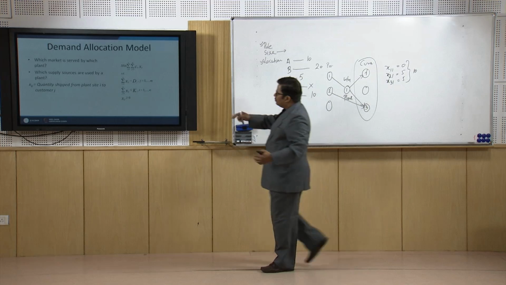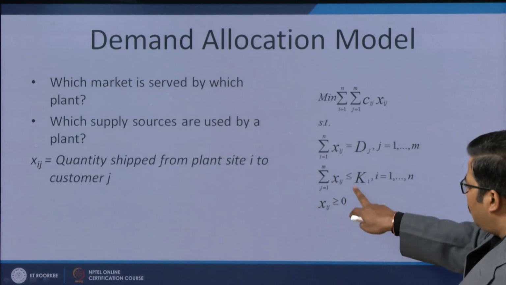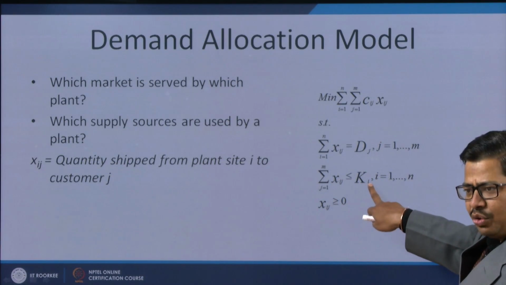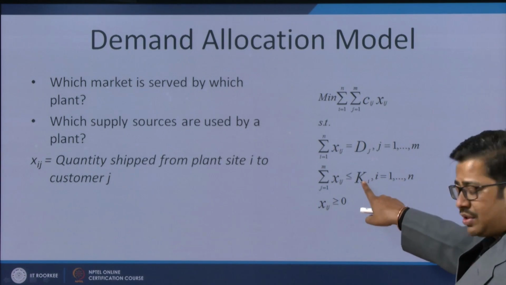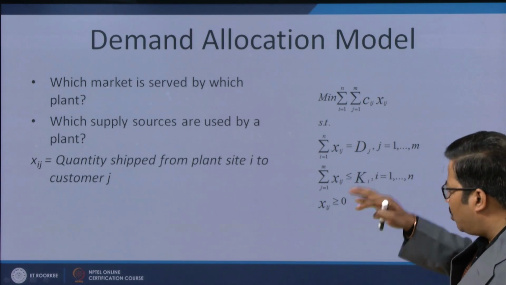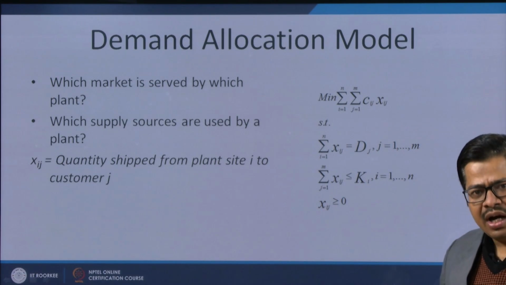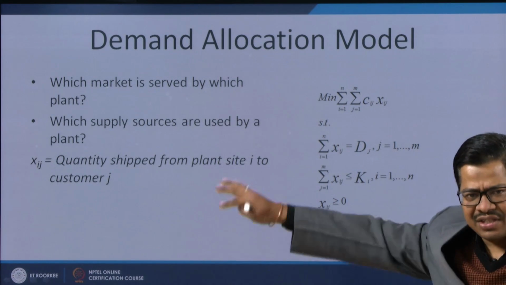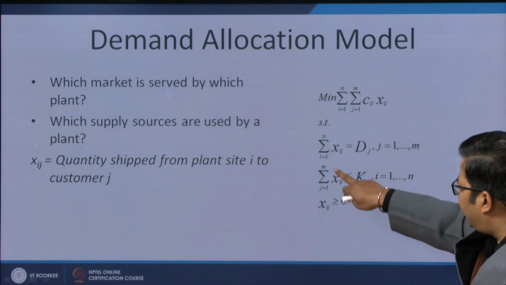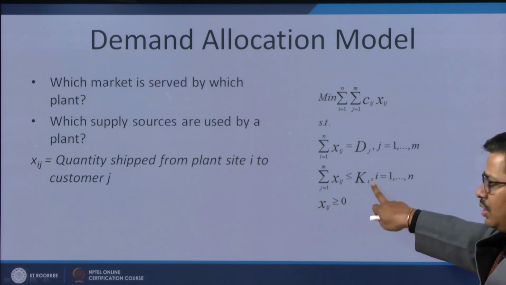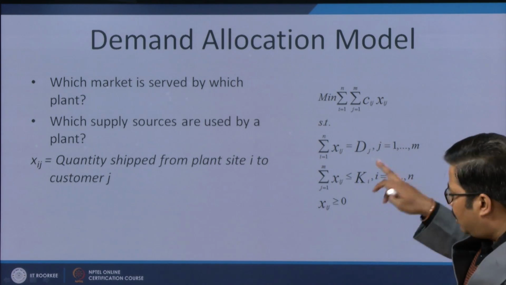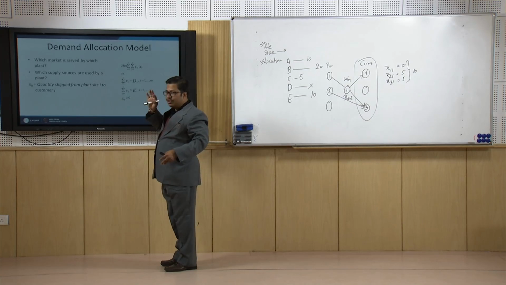So if you are supplying from the ith source and the ith source has a capacity of k units, the total supply from the ith source to all the destinations, from j equals 1 to m, should be less than or equal to the total availability at the ith source.